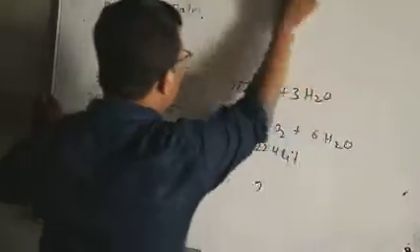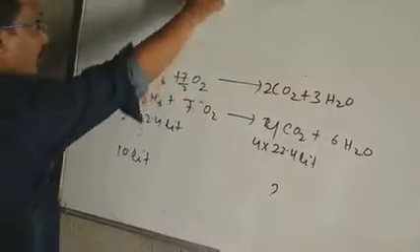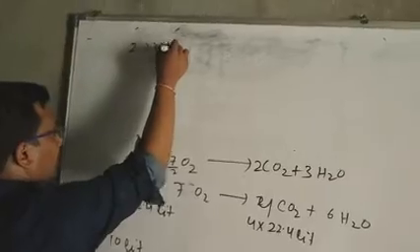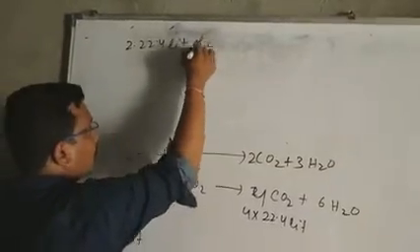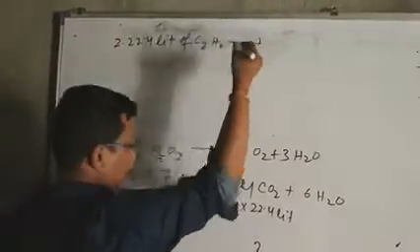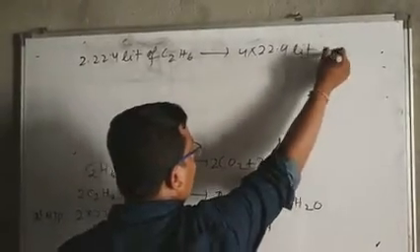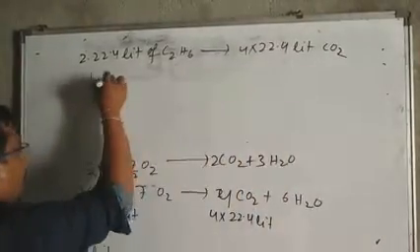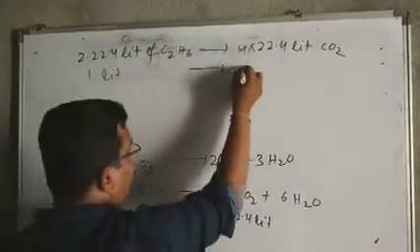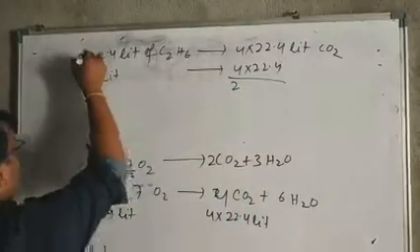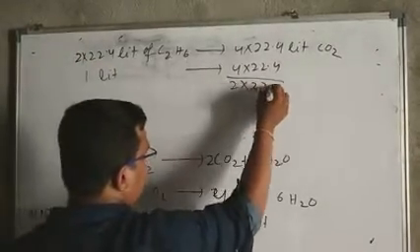Now we have balanced the equation, and our aim is to solve the problem. 2 into 22.4 liter of C2H6 relates to 4 into 22.4 liter CO2. Now find the value for 1 liter: 4 into 22.4 divided by 2 into 22.4.